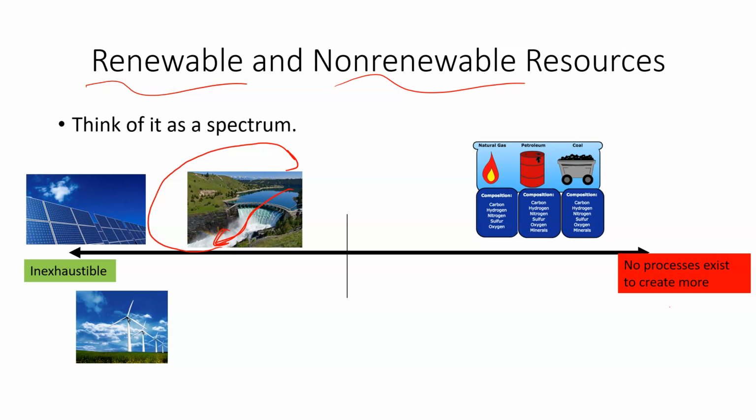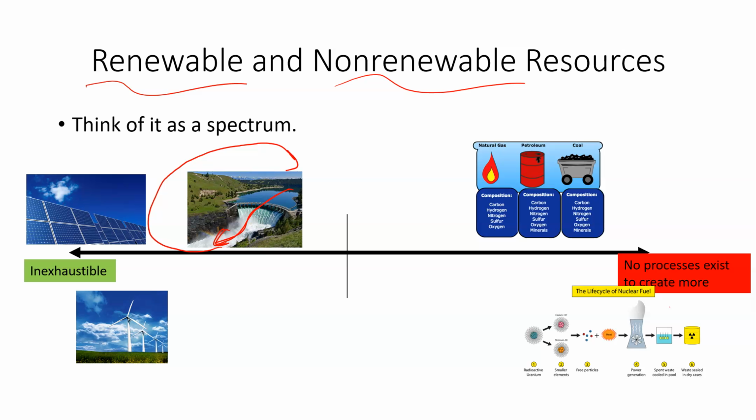It's just that process is so insanely slow that we're using the fossil fuels probably more than 1 million times faster than they even could be replenished, if the conditions even exist for them to be recreated in the first place.